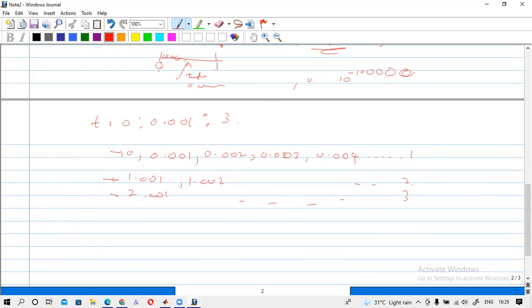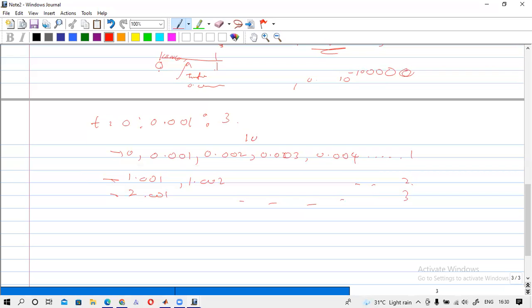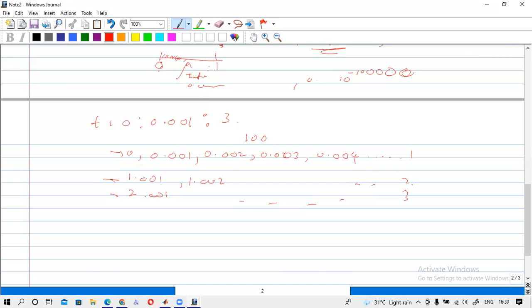But here you have only how many values? Between 0 and 1 you have 1,000 values, because I will get 0, 0.001, and so on, not 100,000 values. That means it is a countable set, so these are actually discrete values.